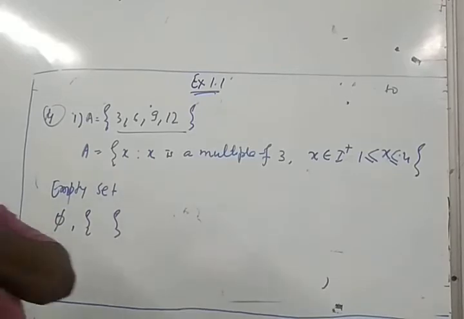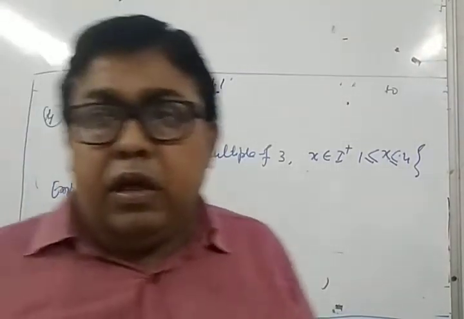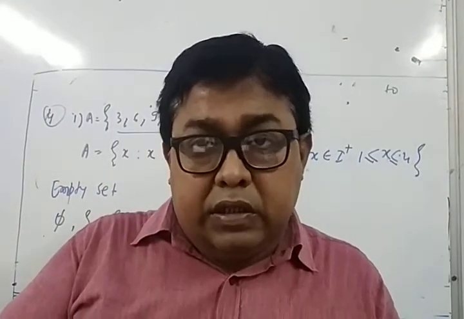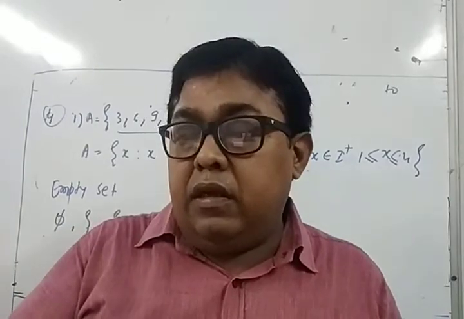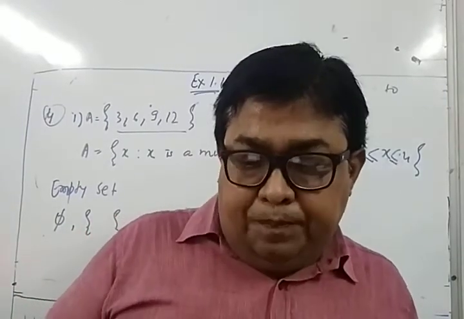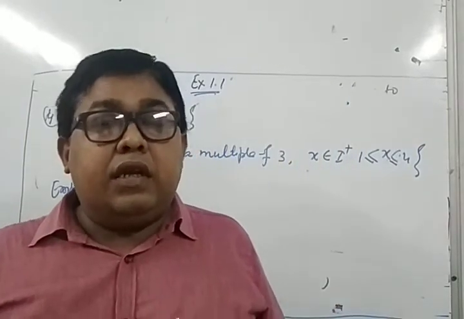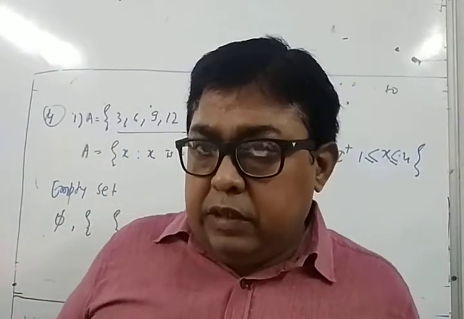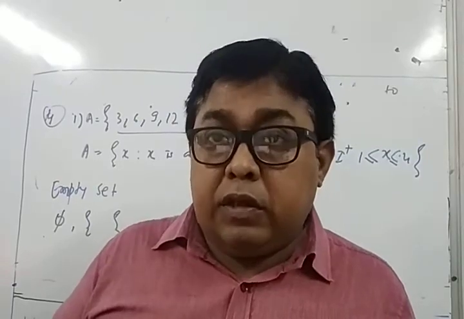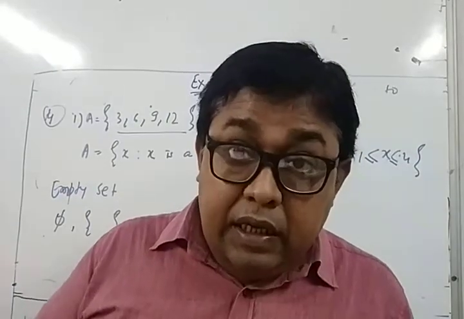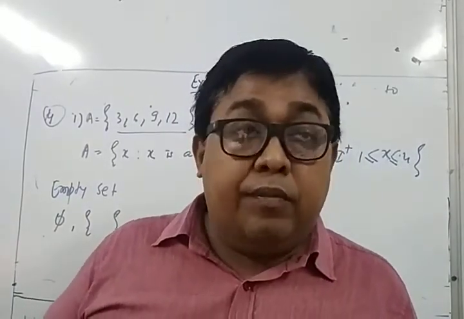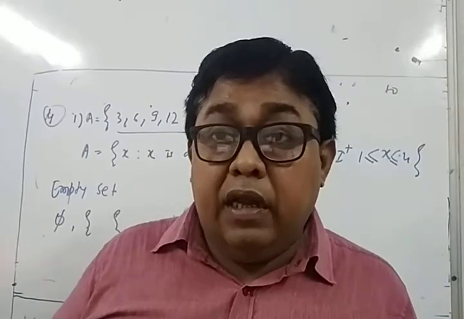Empty set also means the case when your statement is not valid. Suppose I say a 2-digit positive number less than 10. Is my statement valid? No, it is not possible. 2-digit and less than 10, this is not correct. So my statement is not valid.